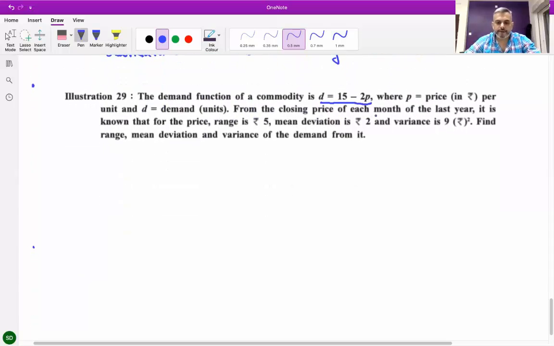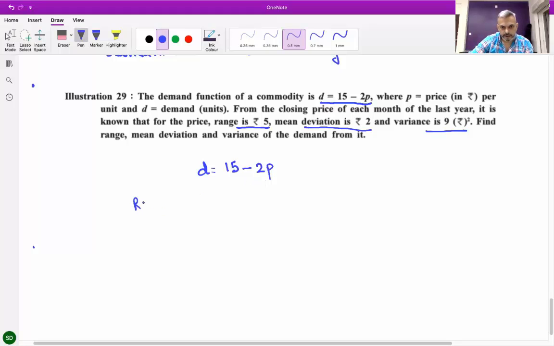From the closing price of each month of last year, it is known that for the price, range is equal to 5, mean deviation is 2, and variance is 9. Variance is the square of standard deviation. Find range, mean deviation, and variance of the demand from it. Now over here first, let me write this. D is equal to 15 minus 2P.